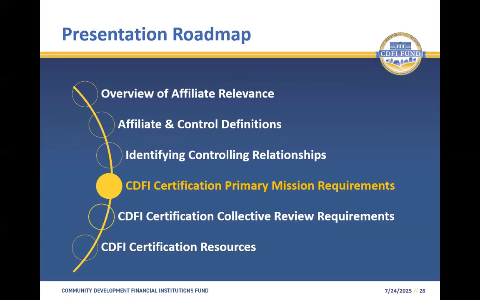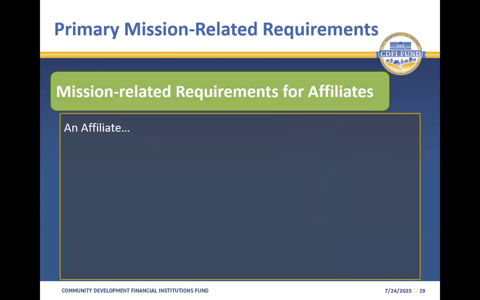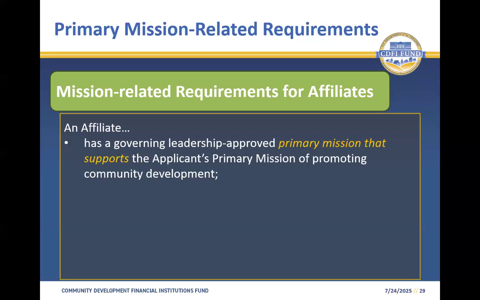Let's cover the affiliate primary mission requirements. In order for an organization to become certified or maintain the certification, if they have relevant affiliates as covered previously, a relevant affiliate must meet the following requirements.